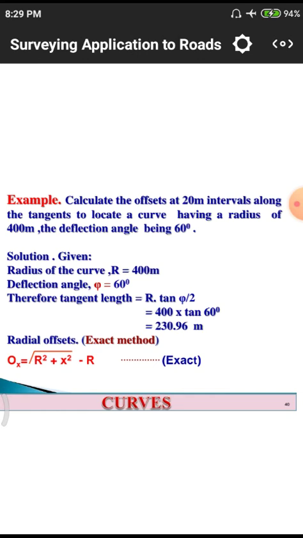The length of the tangent equals R into tan phi by 2, that means tan 30. We get the length of the tangent equal to 230.96 meters. Then Ox equals the square root of R square plus x square, minus R, where R equals the radius and x equals the tangent length.